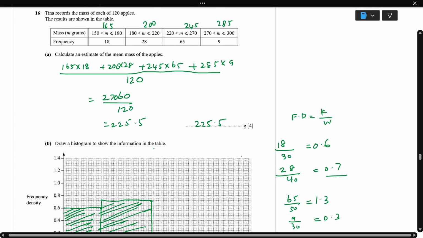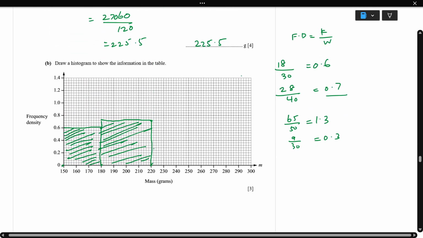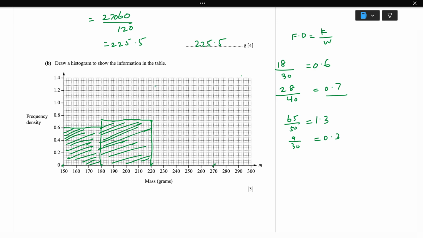The next interval is 220 to 270. The height is 1.3, 1.3 is here, and 1.3 is going to be here. I need to shade this area.